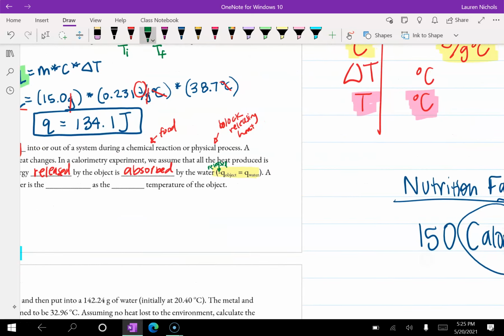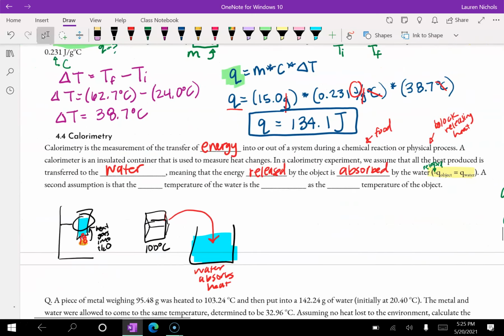So if my metal releases 100 kilojoules of energy, we would put negative because it's releasing, and that would mean that my water absorbed 100 kilojoules, so it would be positive. So it's the same number, just one is positive and one is negative.